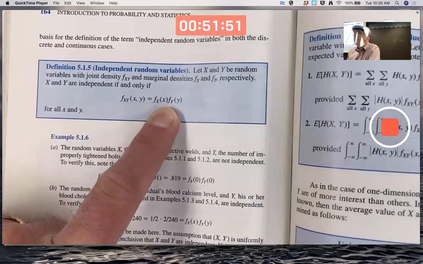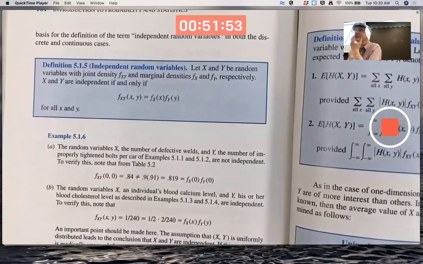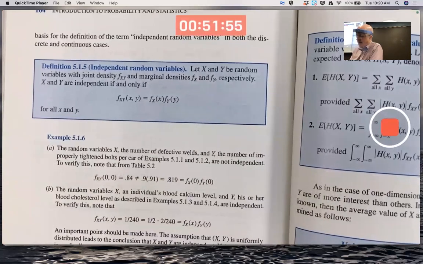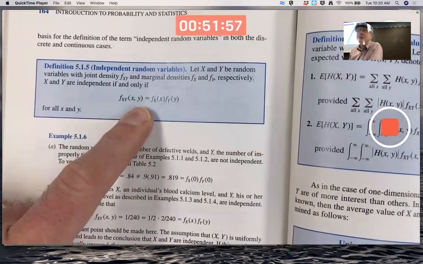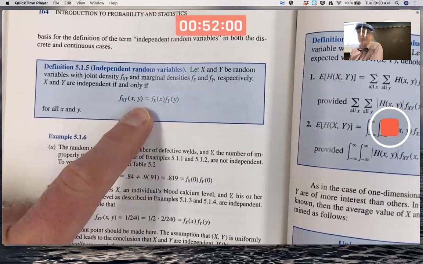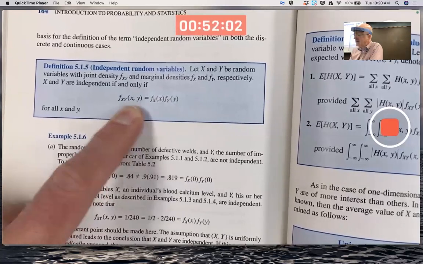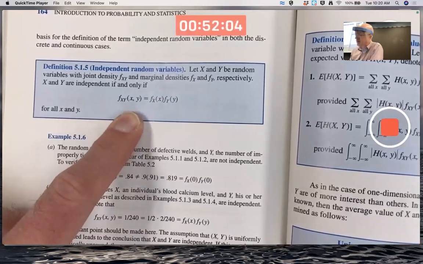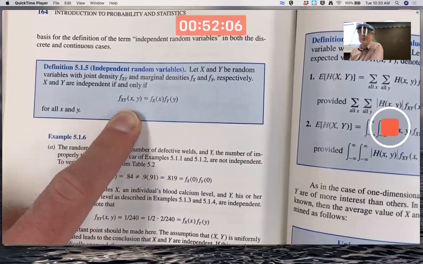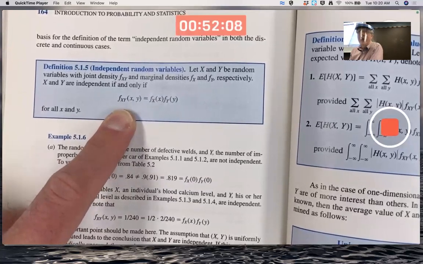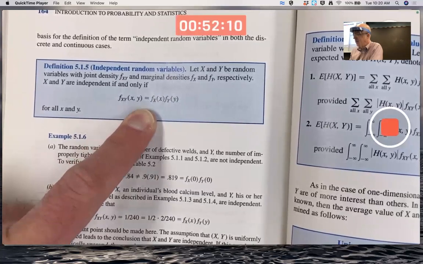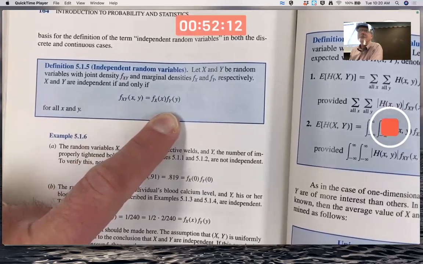And effectively, when we assume independence, that means we just assume this equation is true. We don't have to prove it's true in a certain situation if we're assuming it's true. And this does generalize to n independent random variables. The joint n-dimensional density with n variables x1 through xn would be the product of the n marginal densities.